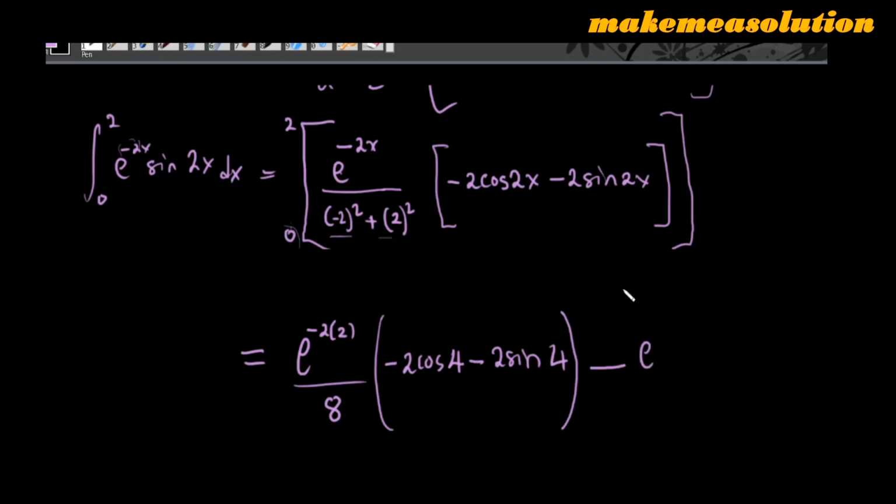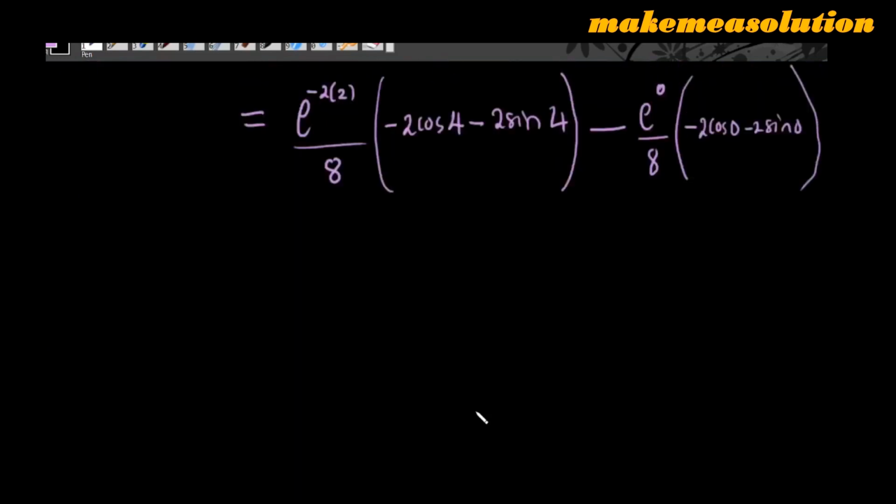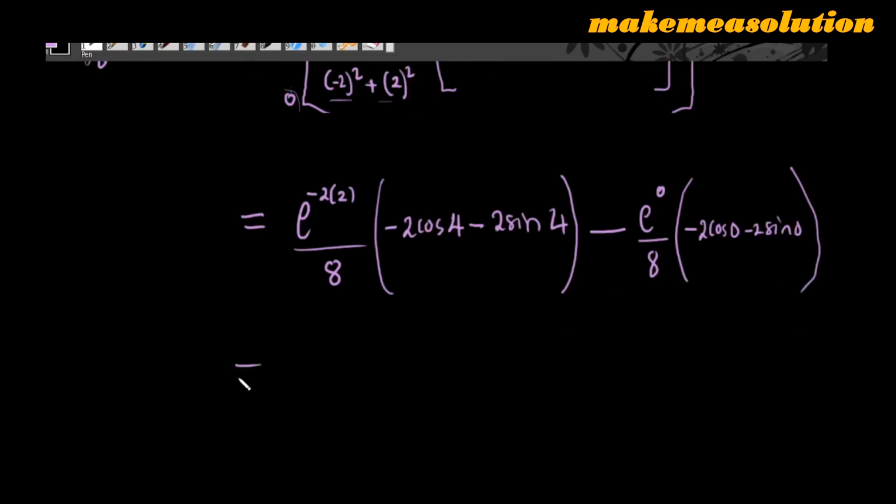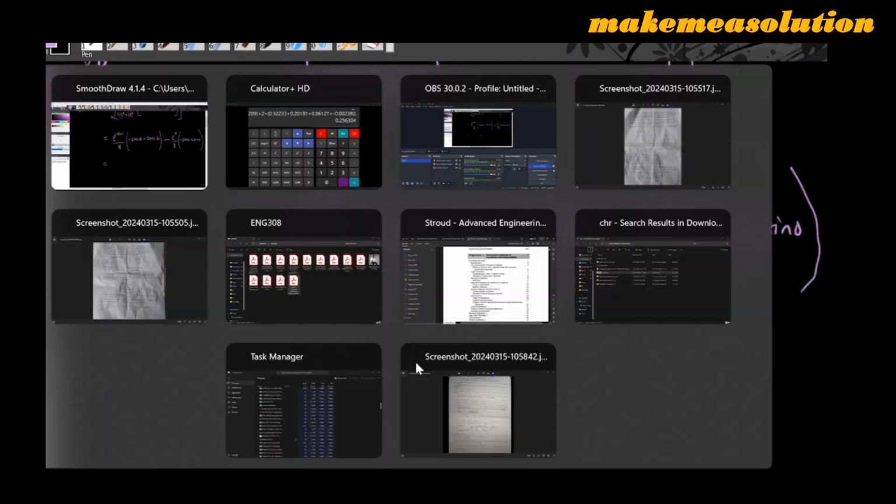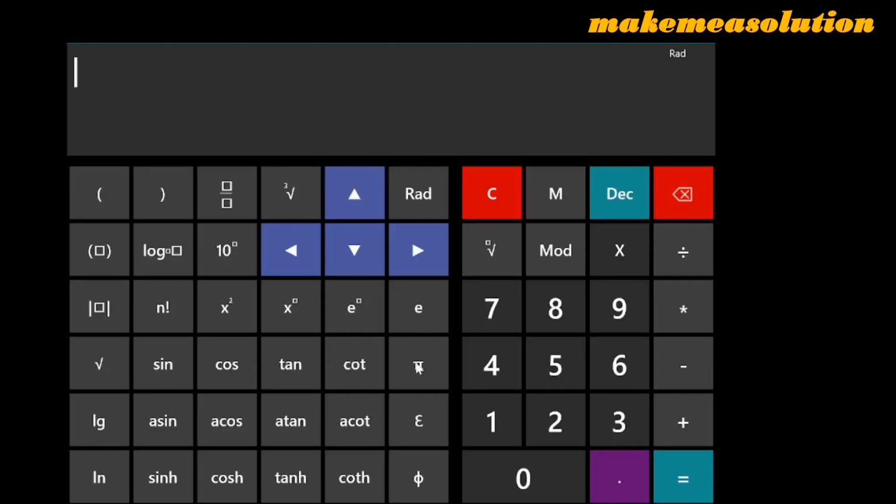So you now have exponential 2 times minus 2 times 0 is 0 divided by 8, then into minus 2 cos 0 minus 2 sine 0, something like this. So let's evaluate this and see what we're going to get. So I'm going to go to my scientific calculator. Remember, your scientific calculator should be put to radians.